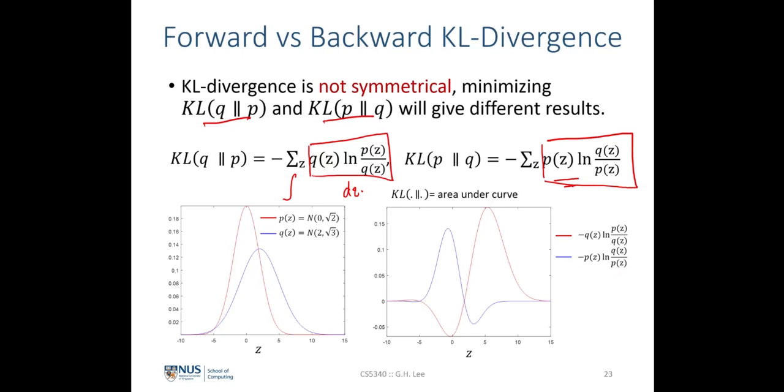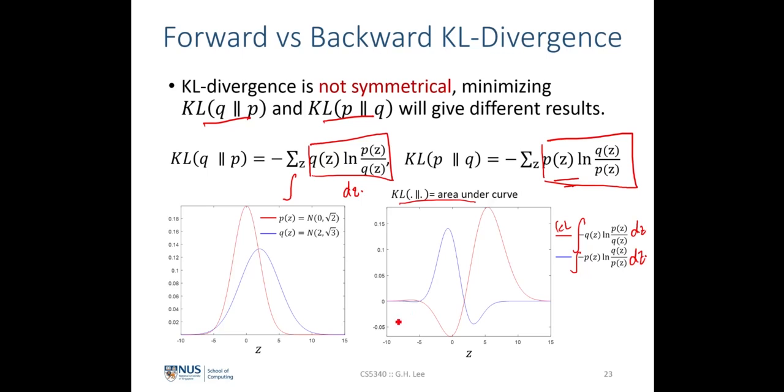We can see that the two curves already look dissimilar. We'll finalize this by computing the KL divergence as the area under the curve, because z is a continuous random variable, which means we need to integrate over dz to get the KL divergence.